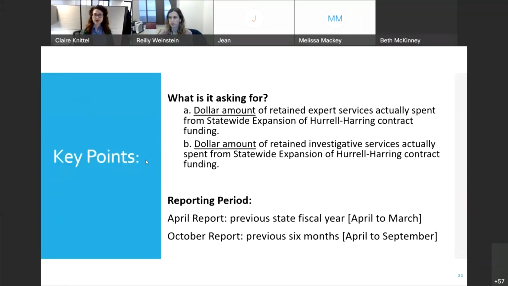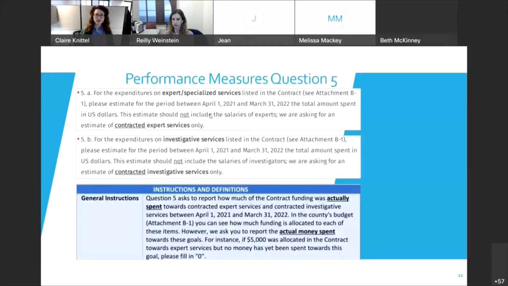They're asking for the dollar amount spent out of statewide expansion of Hurrell-Harring contract funding on retained expert services and retained investigative services, meaning that these experts and investigators were hired on a contract basis.